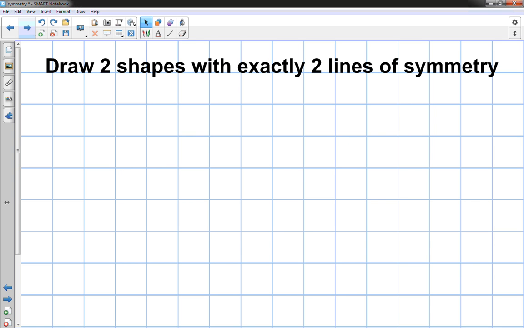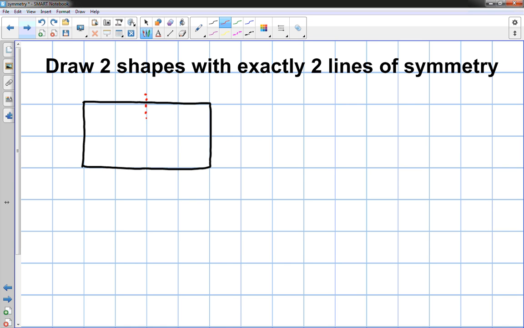Let's look at the next set here. Draw two shapes with exactly two lines of symmetry. All right. Well, I think a rectangle might work, because it would have one here, and it would have one here. That would have two lines of symmetry.